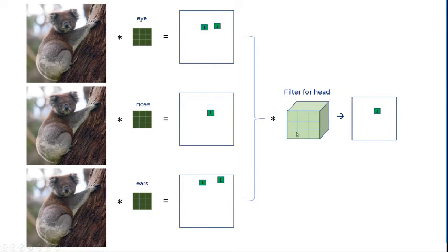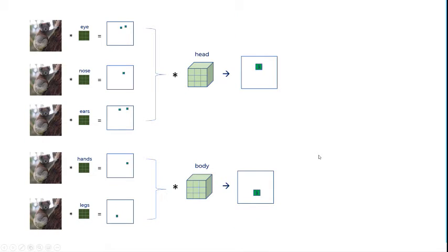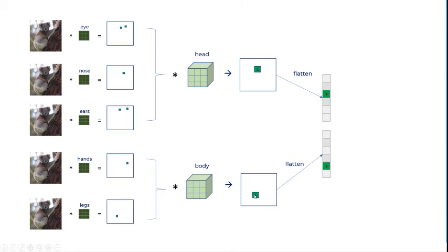And by doing that filter, you can say that koala's head is in this particular region of an image. So you're aggregating these results using a different filter for head, and now this becomes a koala head detector. Similarly, there could be a koala body detector. And now we got these two new feature maps, where this feature map is saying that koala's head is at this location and koala's body is at this particular location.